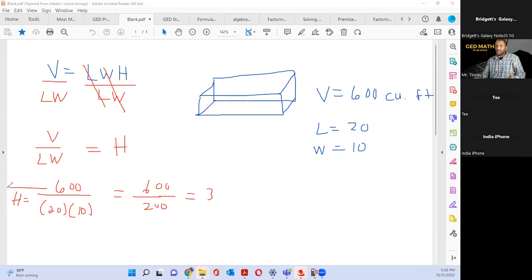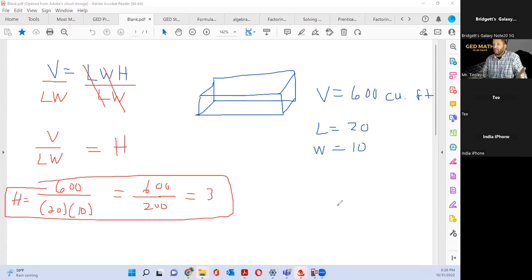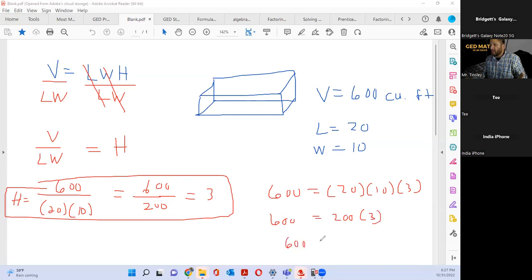So my H is 3. Now let's test it. Let's make sure we're right. 600 equals 20 times 10 times 3. 600 equals 200 times 3. 600 equals 600. Check. Done.